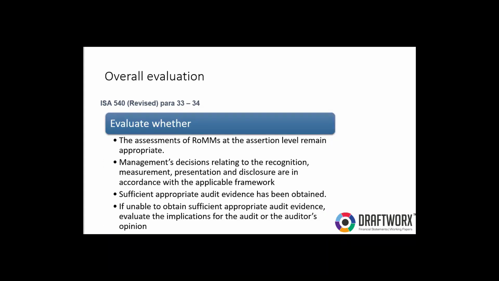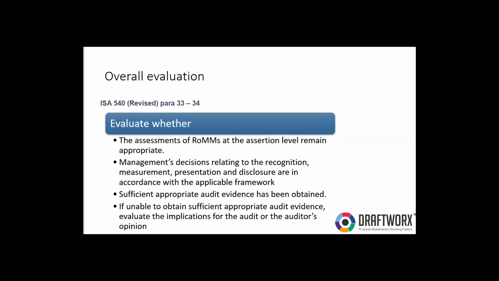Now, once you've gone through all these planning and fieldwork procedures, you ultimately get to concluding and pulling everything together. And here, you need to perform an overall evaluation to see, firstly, whether the risk assessment done at planning was appropriate.